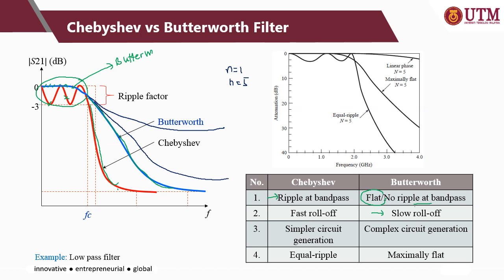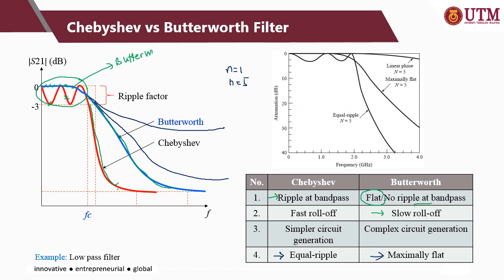In terms of circuit generation or development, the Chebyshev has simpler circuit generation, while Butterworth has complex circuit generation or development. And lastly, the Chebyshev is also known as equiripple, while the Butterworth is also known as maximally flat.